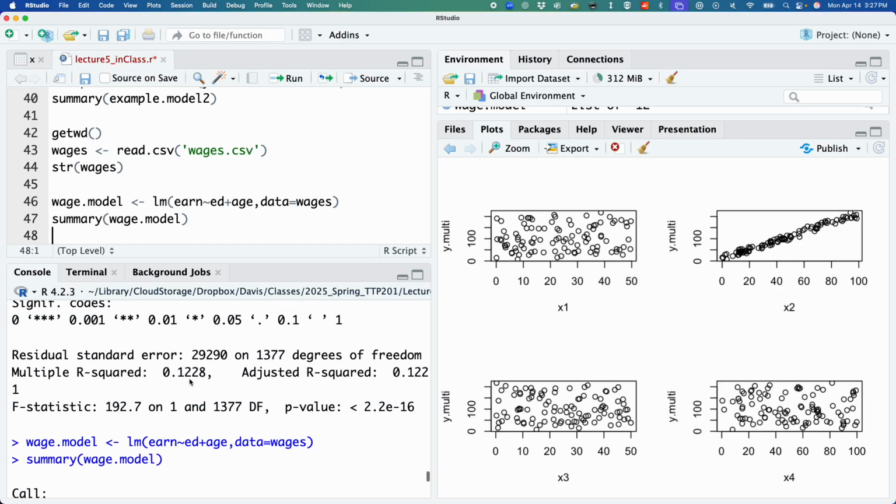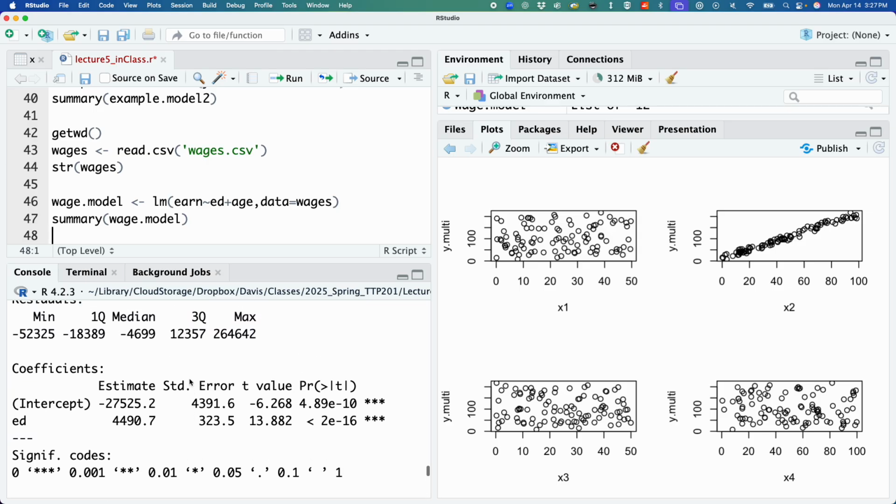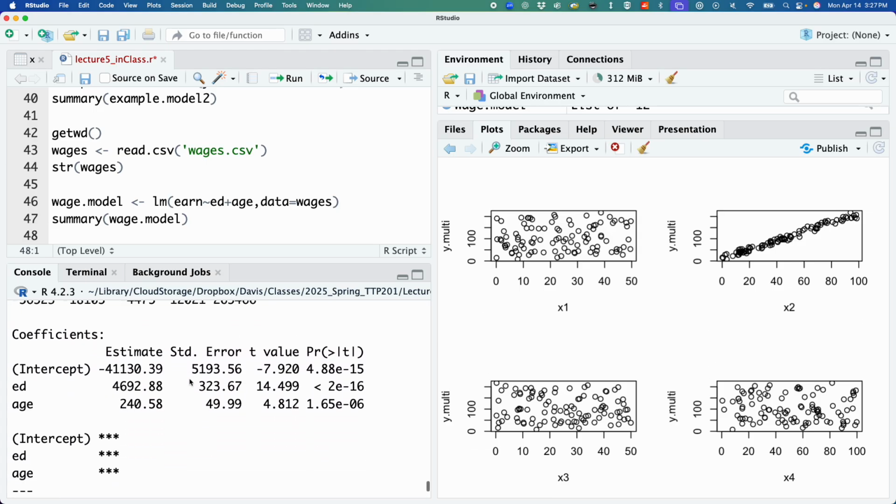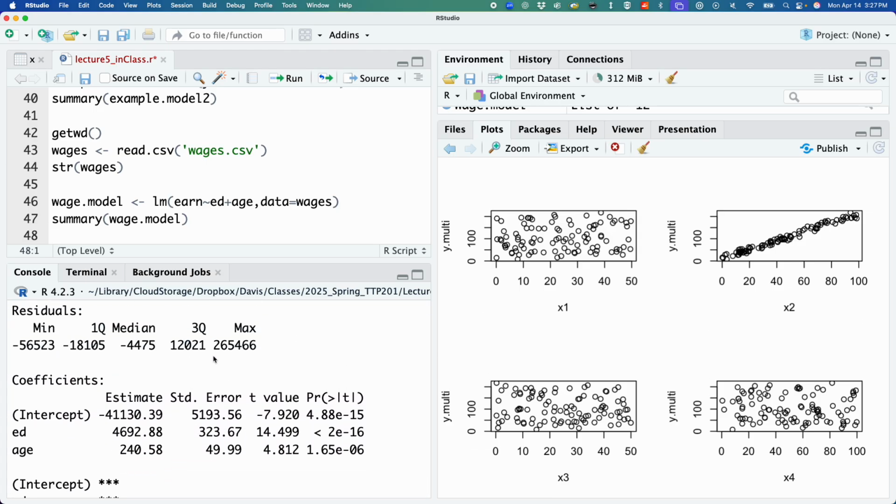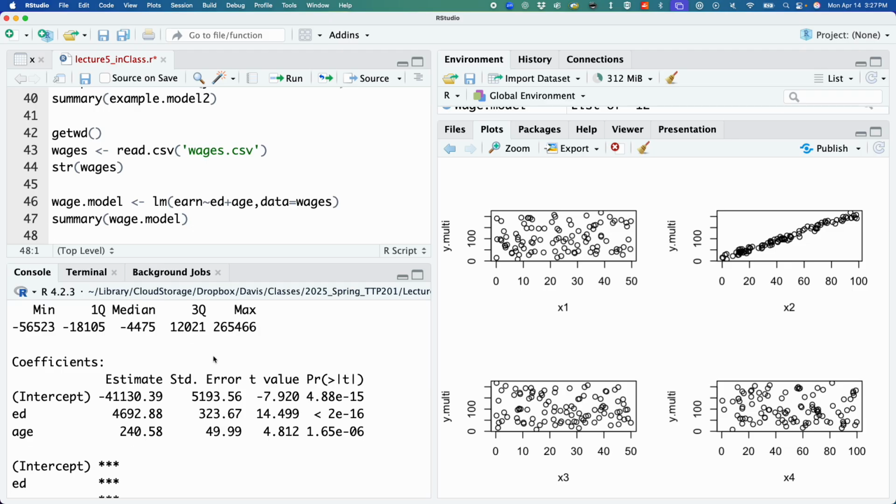Okay, so just as a reminder, the old one, 4490. And then our intercept is even lower now, but we actually have this new thing here.